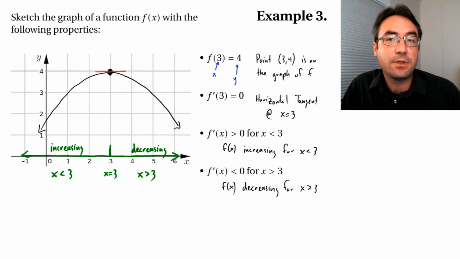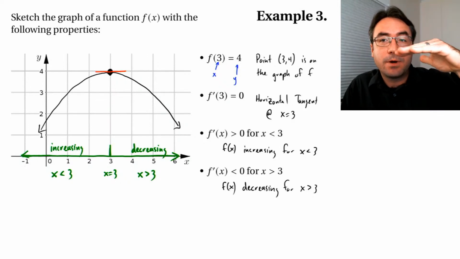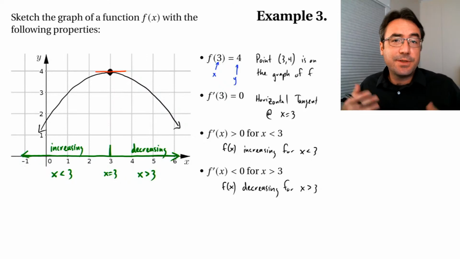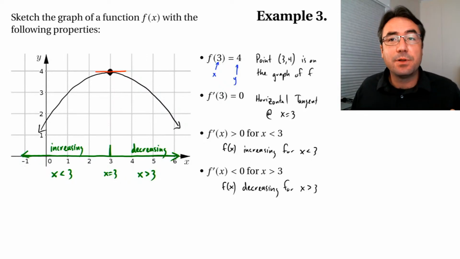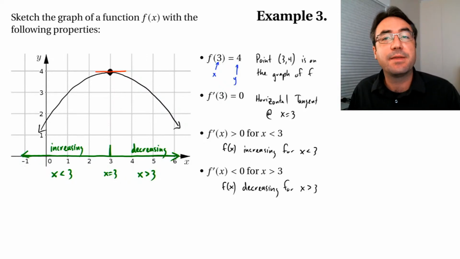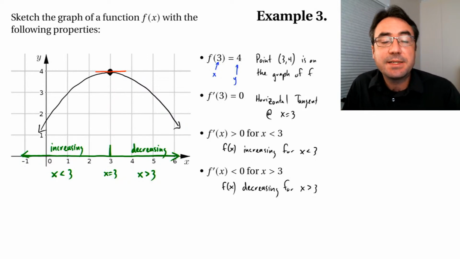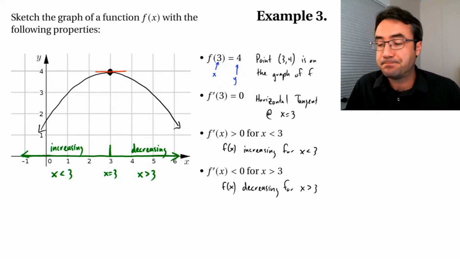It's increasing on the left, it flattens out right at x equals 3, and then it switches to decreasing on the right. So that's just one potential example of what this function might look like based on those properties. You might draw something a little bit different. But based on those properties, this fits all 4 of those properties.